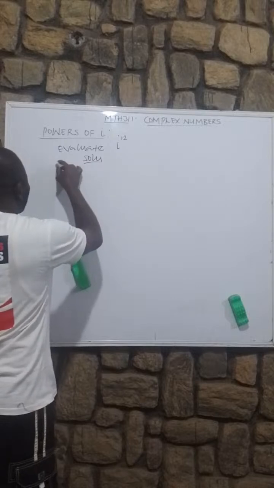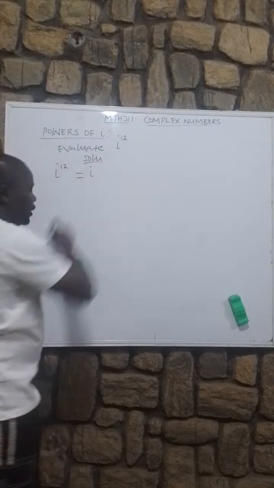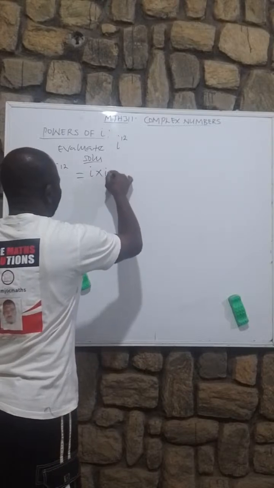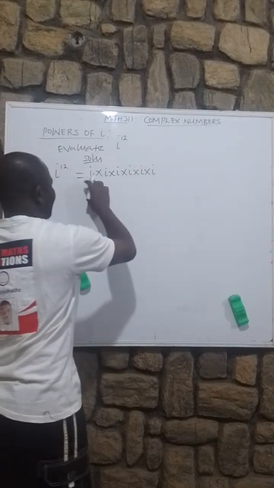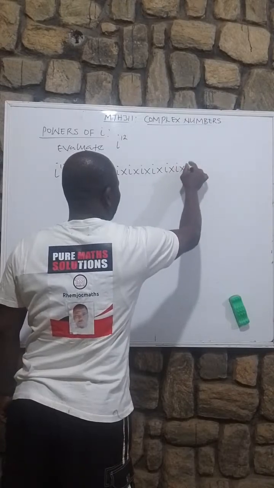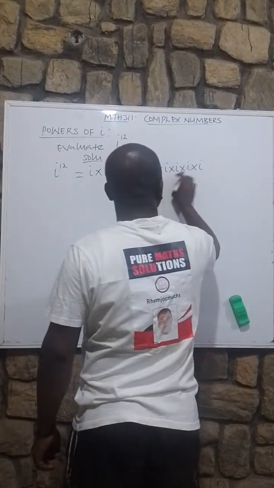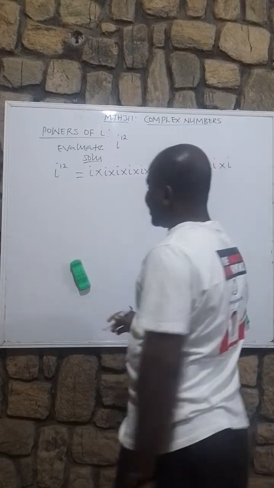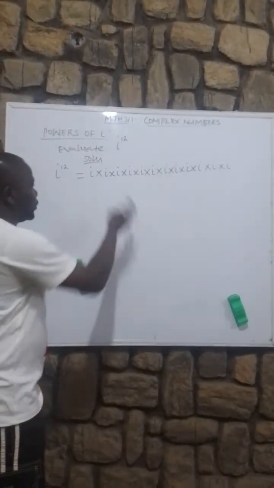So i raised to the power of 12 is equal to, let's break it down: i times i times i times i times i times i, that is 6, times i times i times i times i times i times i, that is 12. Right? Okay. So let us reduce it in twos.